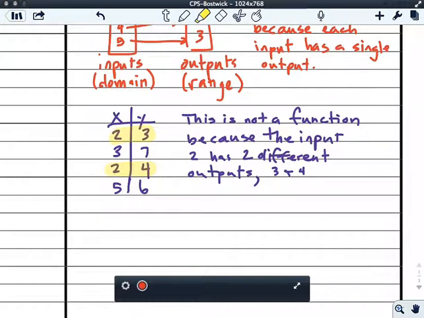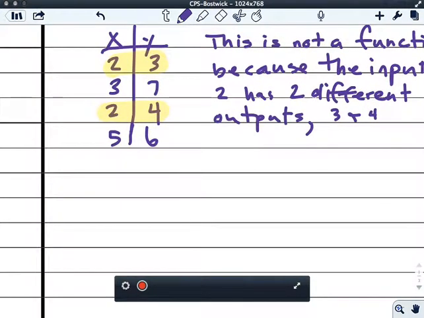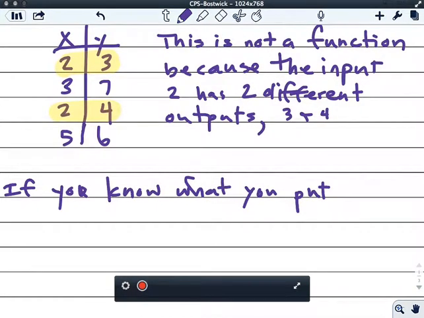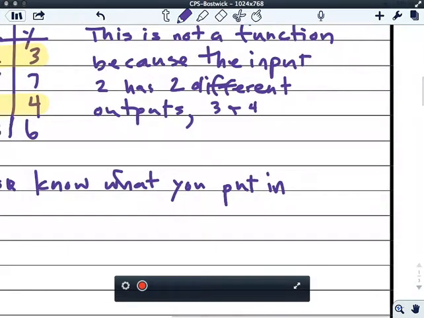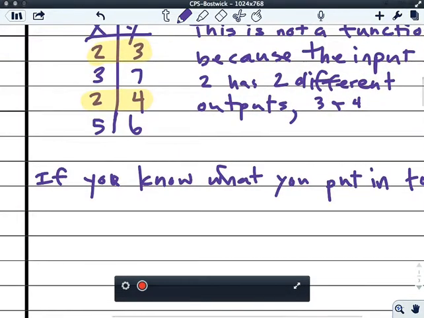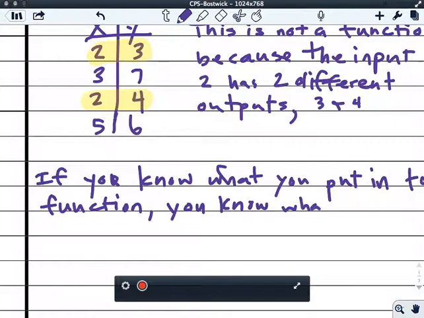And so one way to think about functions is that if you know what you put in to a function, you know what you'll get.